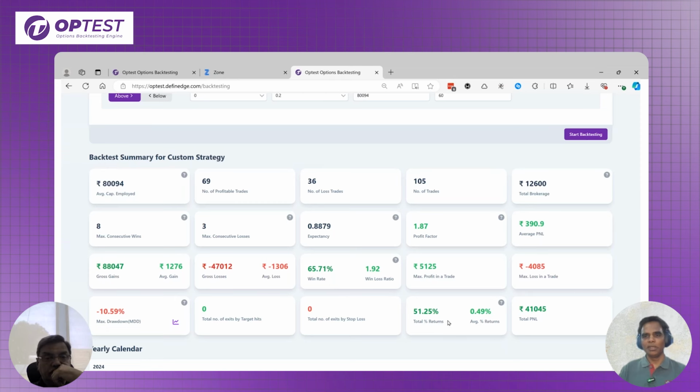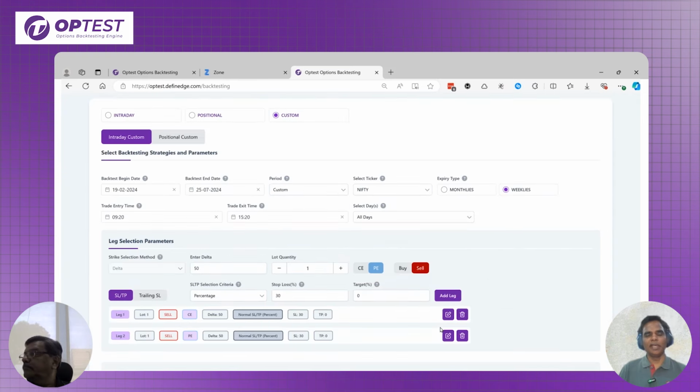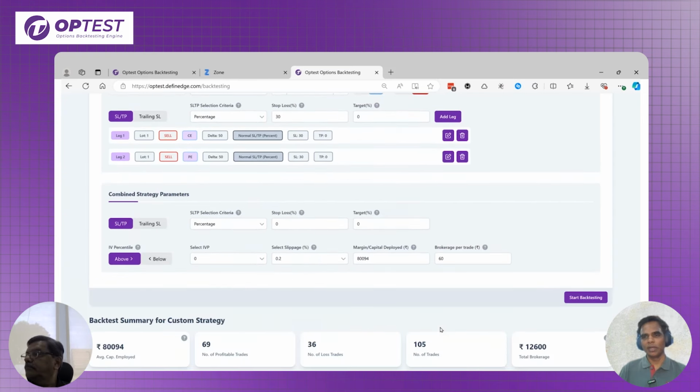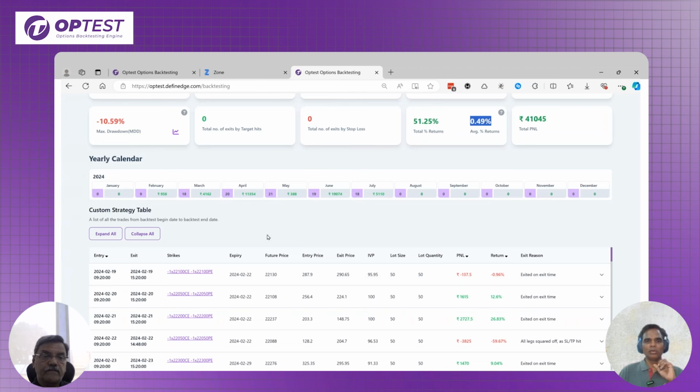And this is a PNL, and this is intraday. Every day it is doing it. I would say it's much better than the simple intraday that we were doing, where the stop loss is at the combined strategy level. These are individual level. And here I want to indicate one thing.